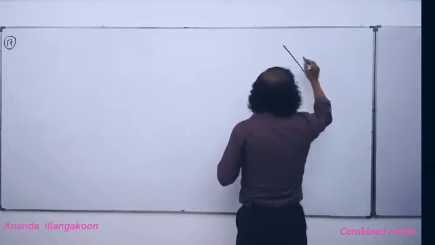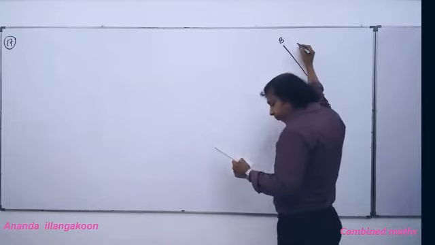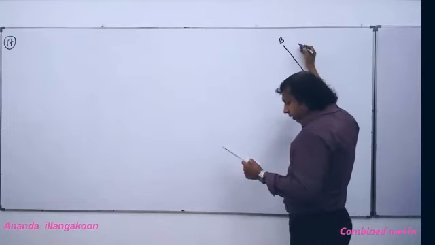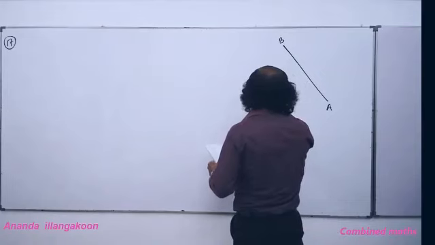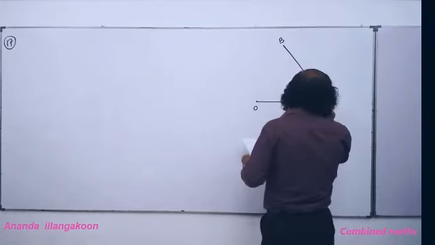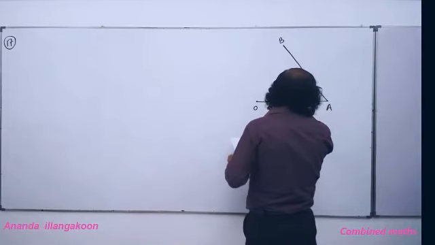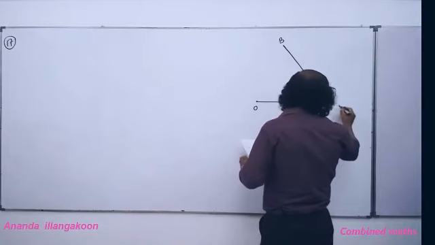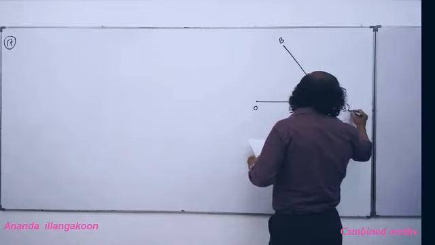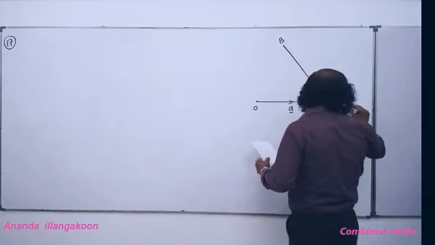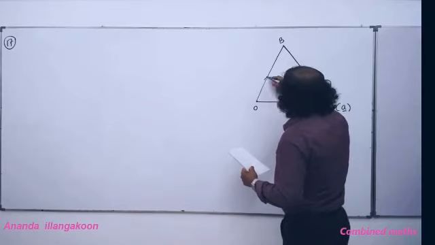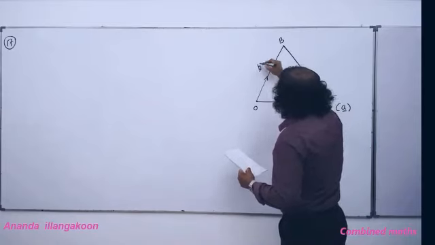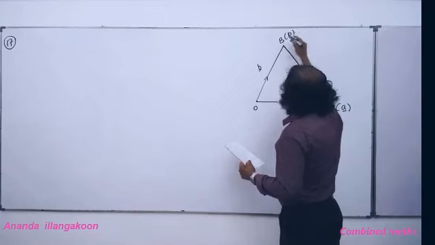Relative to origin O, the position vector of point A is simple A. That means OA vector is simple A, and OB is simple B vector.